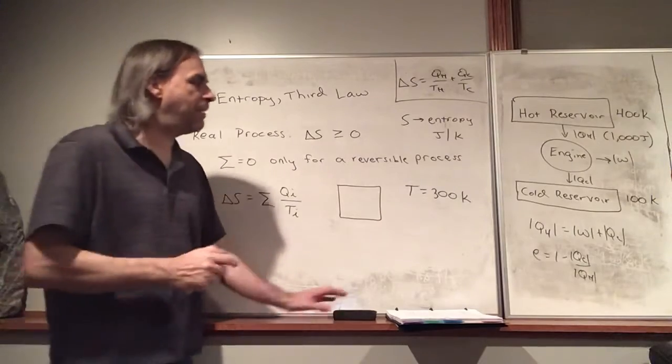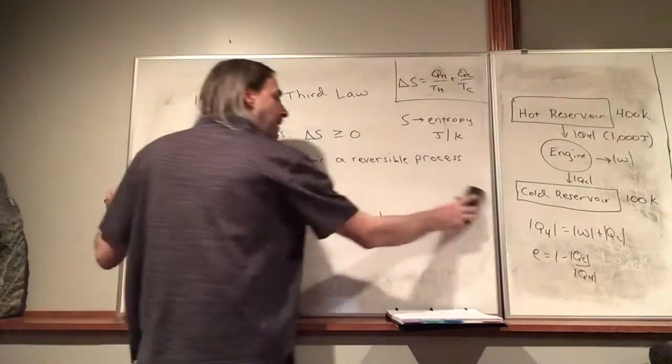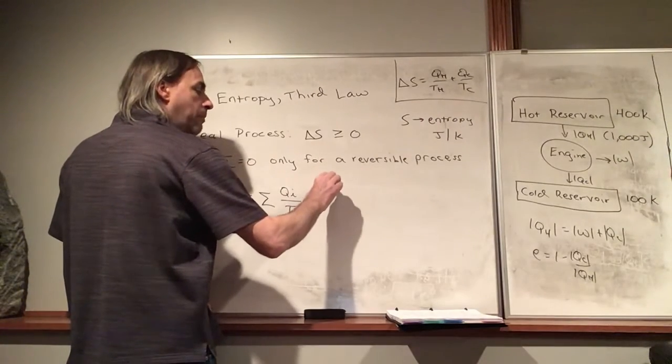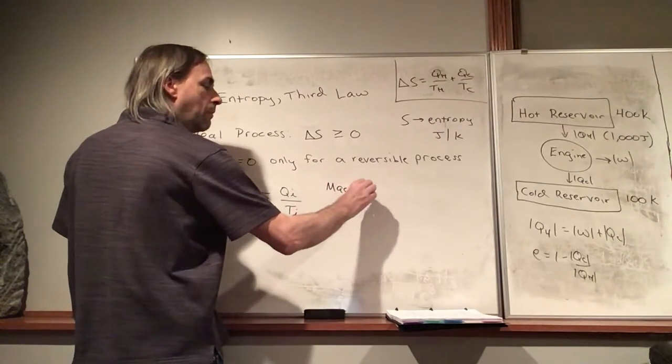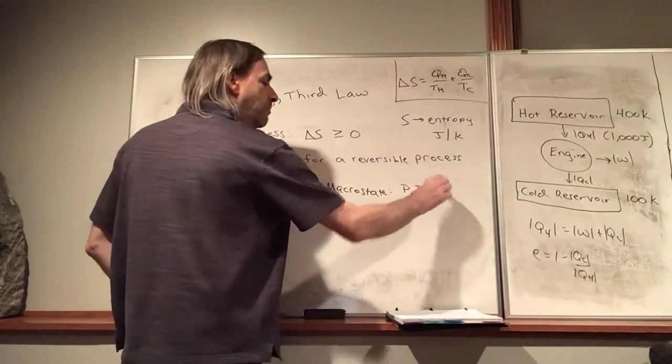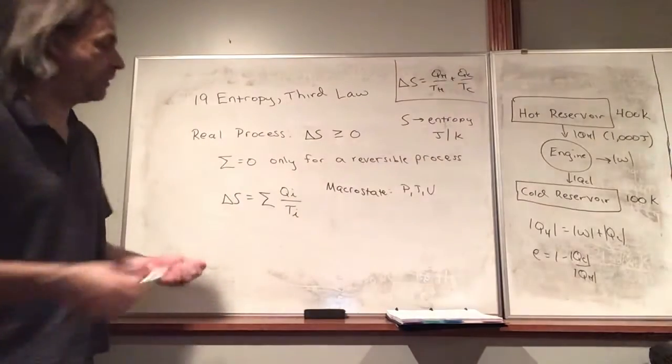Now, maybe it'd be better to look at an analogy. So we have these two ideas. We have the macro state, which would be pressure, temperature, volume, the things we use to describe the state of a gas.